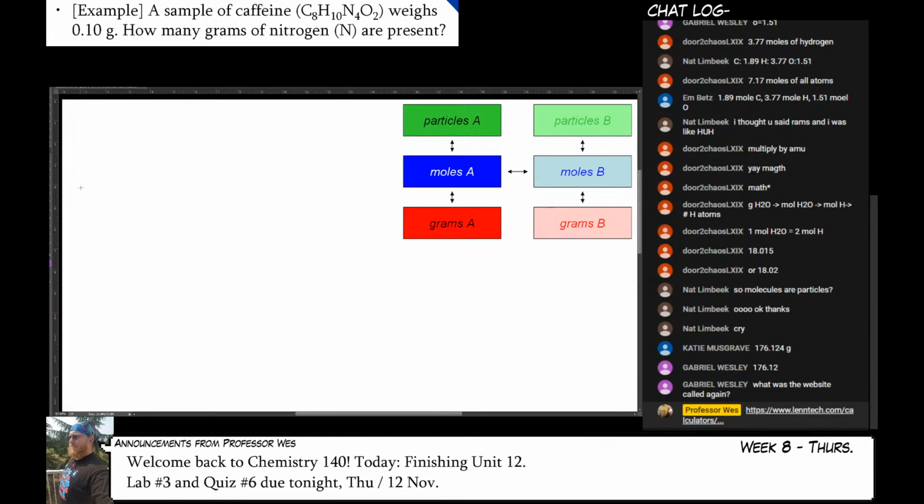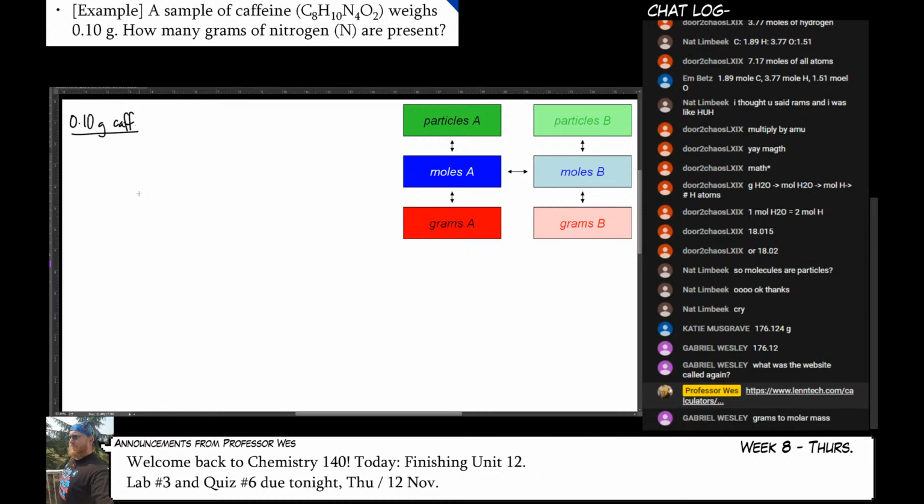I realize there's some delay between me saying that and you guys possibly typing in your answer. Let me write down what I know to start. Let's ask, what is the amount that I was given to start with on the chart? What would that be? Is it particles A, moles A, grams A, particles B, moles B, grams B? Where do I start on the chart?